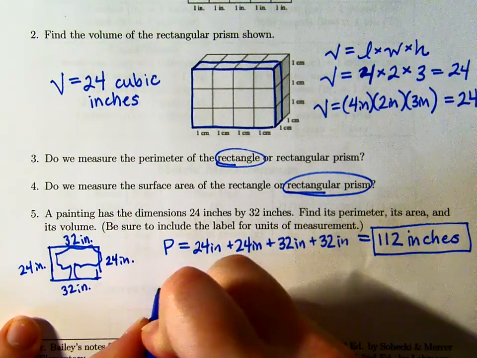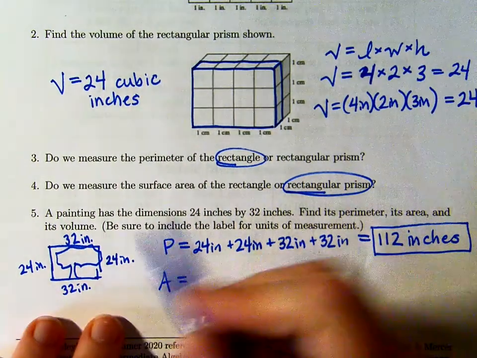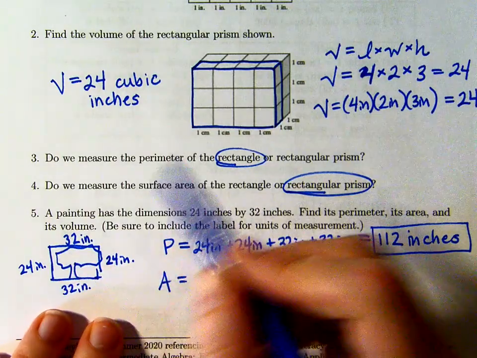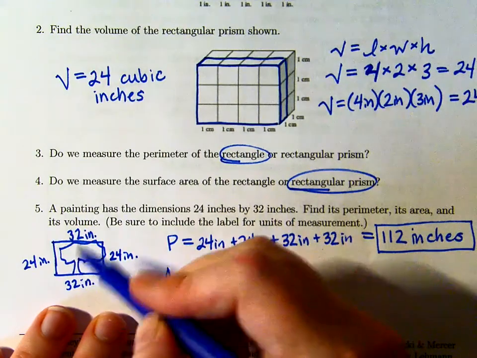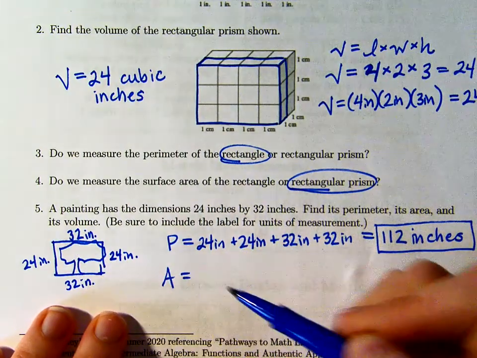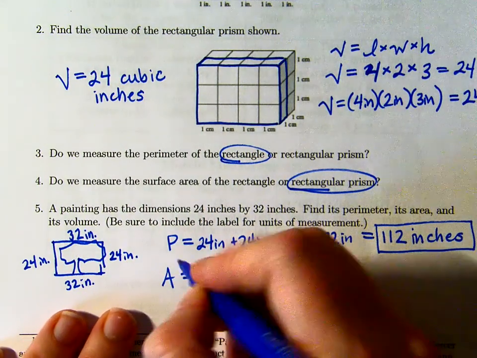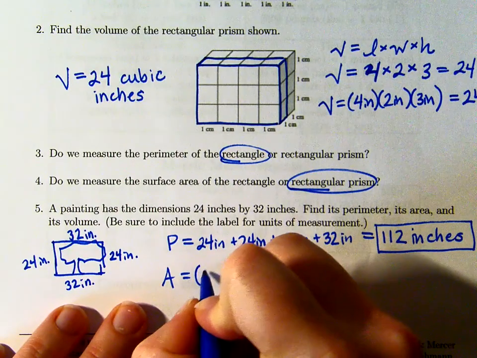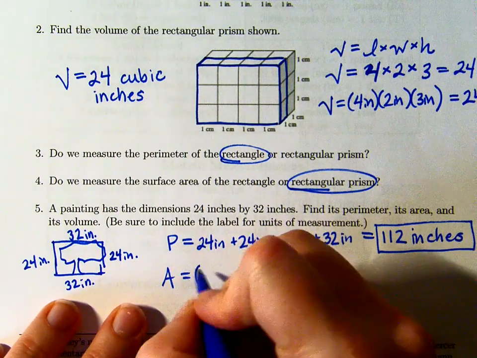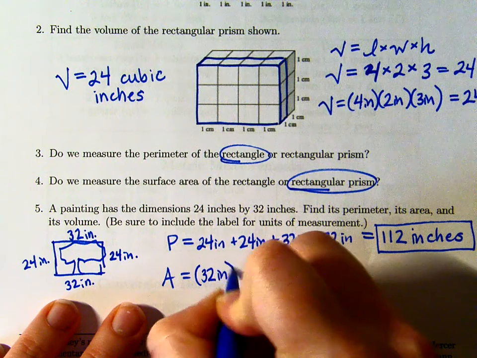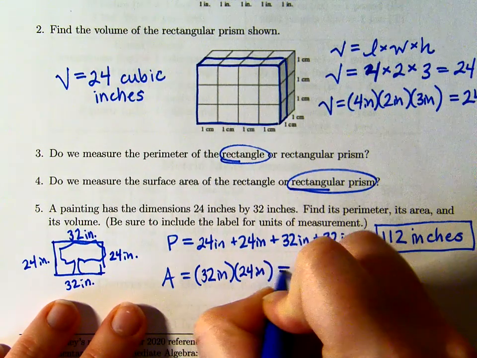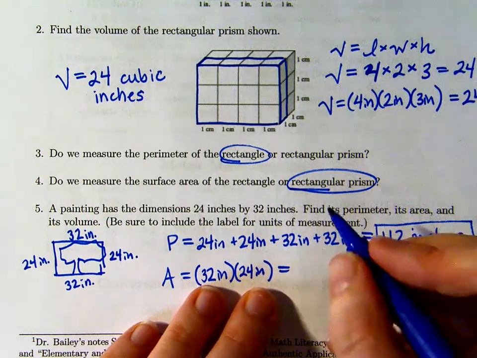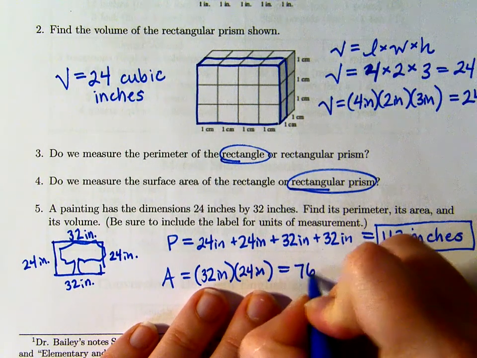Area. So instead of drawing the grid now and counting, that's a grid of 32 by 24. That's a lot of little squares. So I'm going to use the formula. The length 32 inches by the width of 24 inches. 32 by 24 is 768.